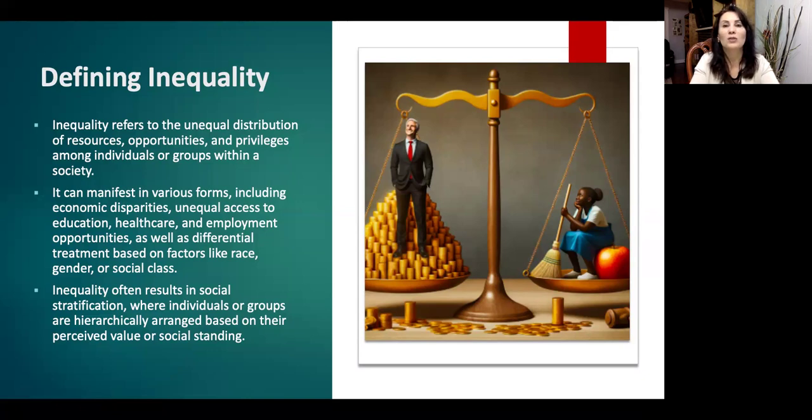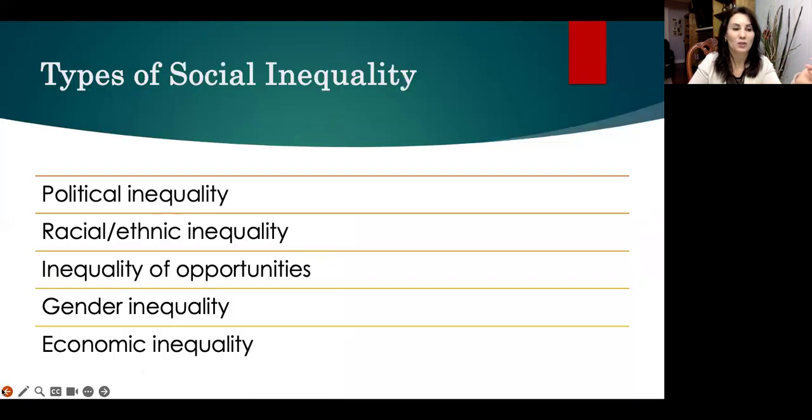For example, based on race, gender, sex, or social class, social structures can also widen the gap between rich people or poor people. So there are different types of inequality: political inequality, racial and ethnic inequality, inequality of opportunities.